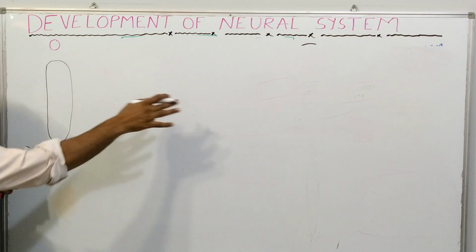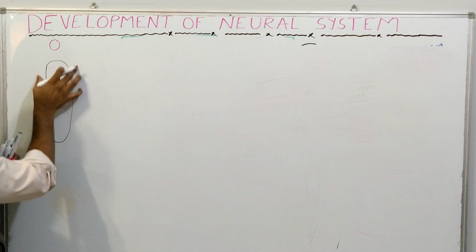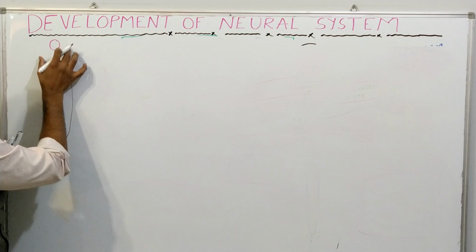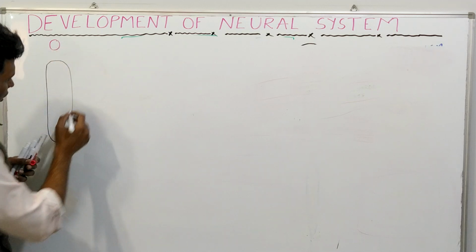This is very simple, what we have studied. So this is the neural plate, and this is our neural tube, and this is the mouth.